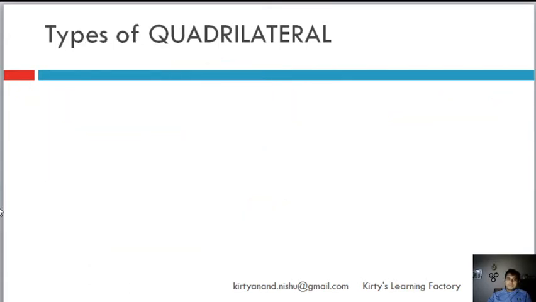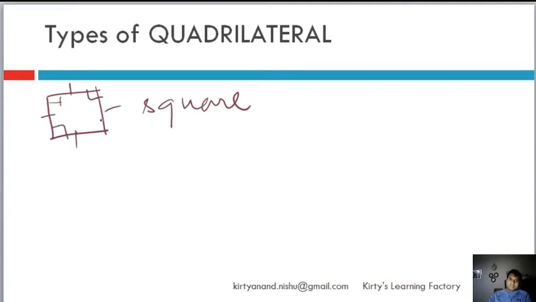Now let's move to the different types of quadrilaterals. We will start with the simple one, which is a square. Okay. What is a square? All the four sides are of equal length, all the four angles are equal and are of 90 degrees each. Okay. And in a square, opposite sides are parallel to each other.